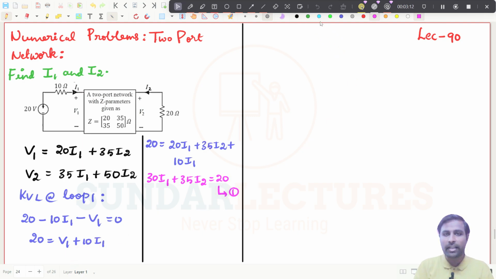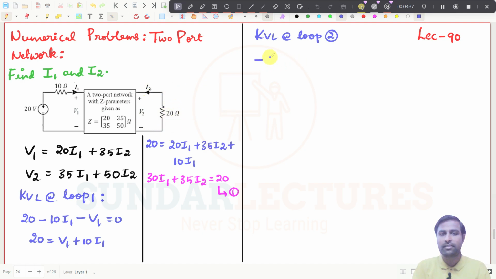It is very simple. So now you just write the KVL expression at loop number 2. See, I will go in this direction now. So if I am going in this direction, from minus I will travel like this. So the current is in the same direction as I am going.